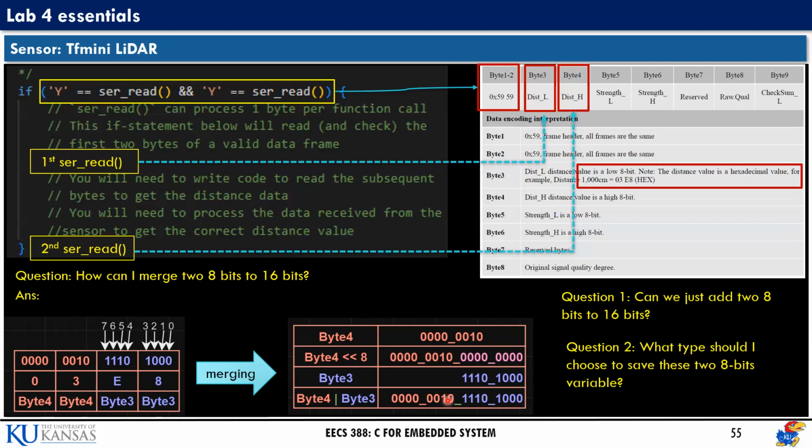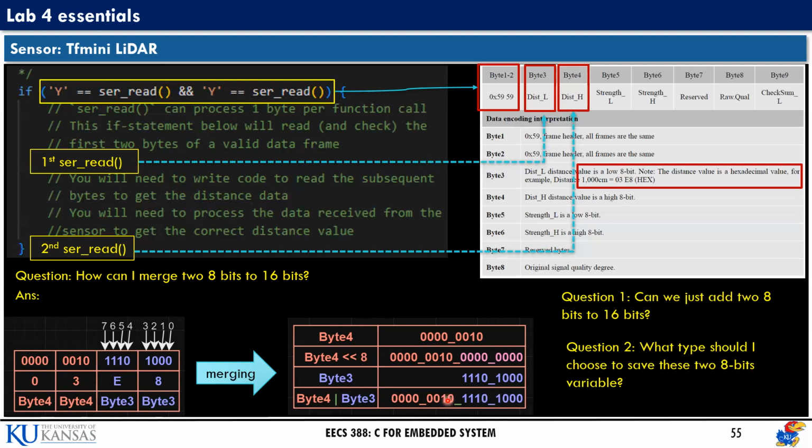And the next question is, what type should I choose to save these two 8-bit variables? You can choose any type, it's up to you. You can choose the type as an int or as a character.